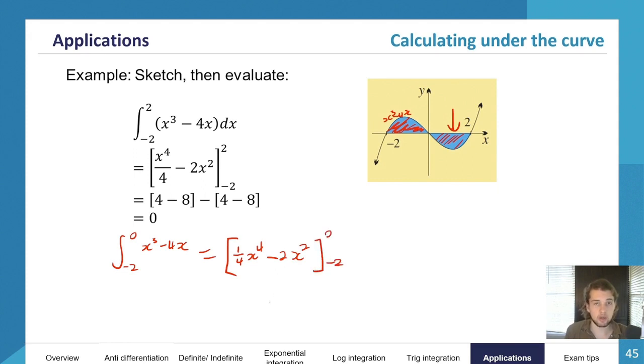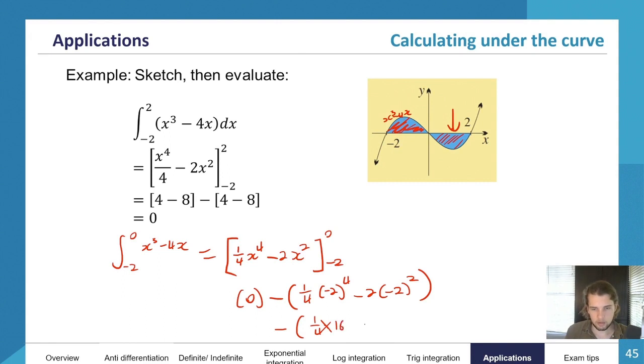If I substitute 0 in, that's going to be nothing, so I'm going to say 0, and then minus the second value we substitute in. So we have 1 over 4 times -2 to the power of 4, minus 2 times -2 to the power of 2. And that will give us minus 1 over 4 multiplied by 16 minus 2 multiplied by 4, which is equal to 4 minus 8.